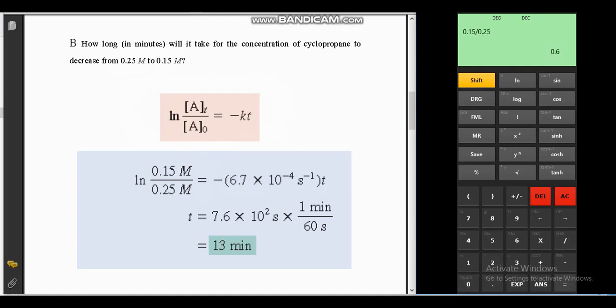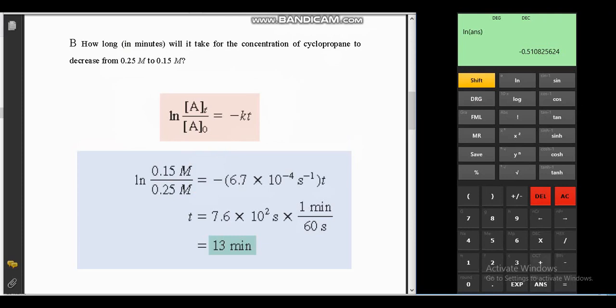We'll get the answer. So this 0.6, this is the natural log. So the natural log of 0.6, then the natural log of answer will give us negative 0.51.